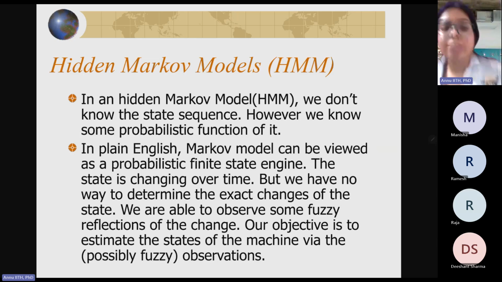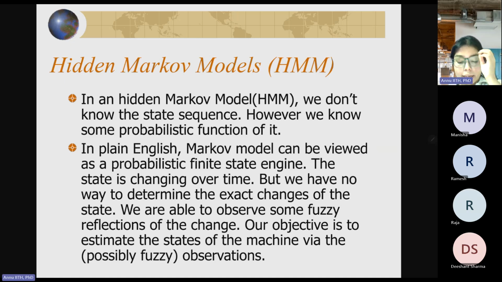But if you don't have that, it can still be a probabilistic finite state engine where the state is not fixed. It is changing over time, but we have no way to determine the exact changes of the state. So we have some observations and try to infer the changes from them. The state is evolving over time, and we'll see more detail on it.